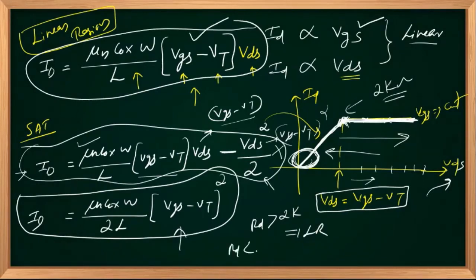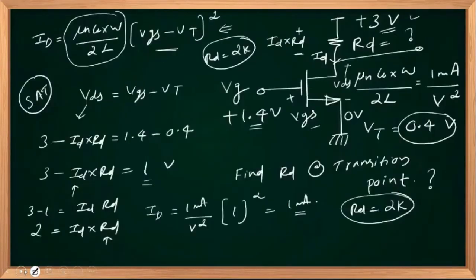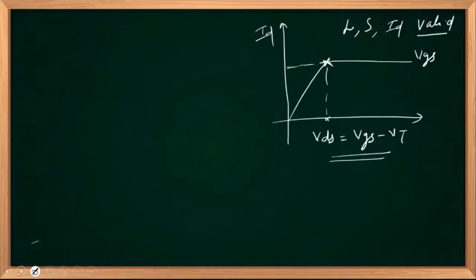If RD is less than 2K, VDS will increase because current ID is constant, that will move to saturation. So in your last problem, if you insert an RD greater than 2K, that will bring your transistor into the linear region. If RD is less than 2K, that will ensure your mode of operation is saturation.